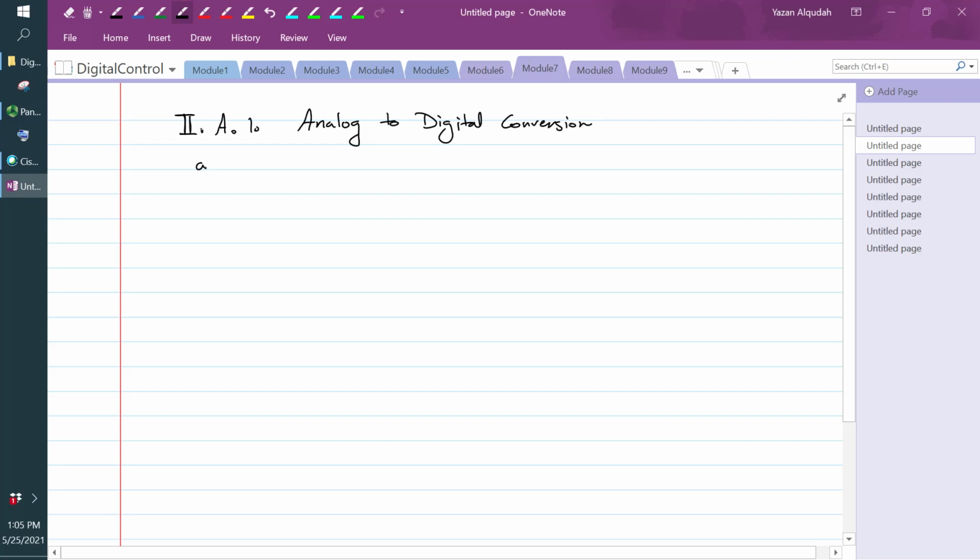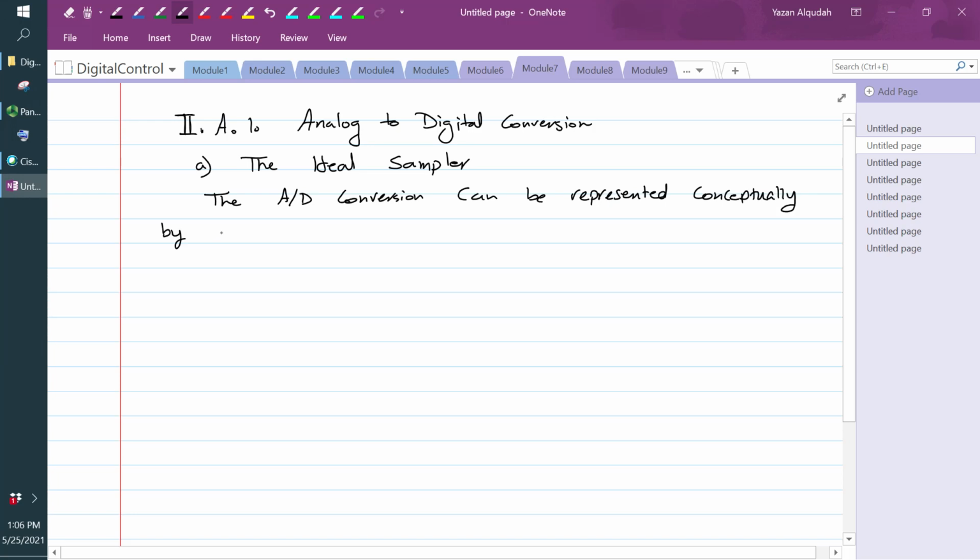And let's start with the ideal sampler. If I look at the analog to digital conversion, I can represent that conceptually by an ideal sampler.